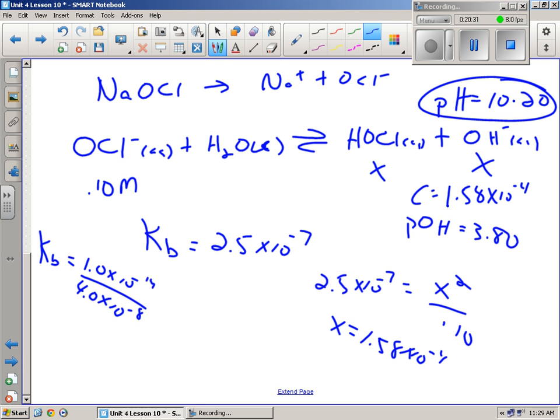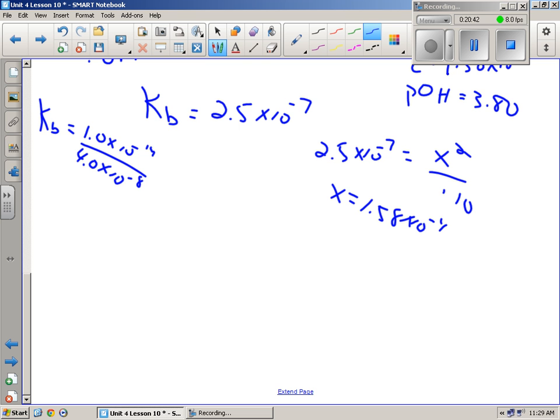10.20. If I need to predict the color, what indicator are we using there? Alizarin yellow R, yeah. Alizarin yellow R does 10.1 to 12.0, and it goes from a yellow to a red.